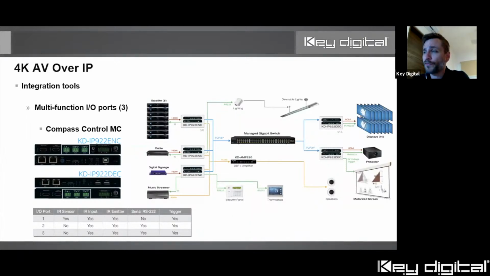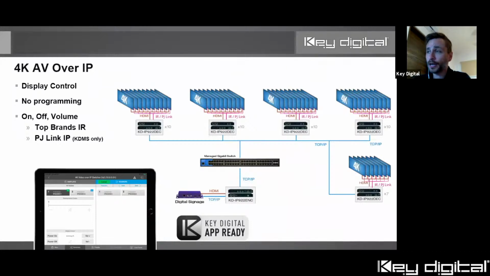That would be 75 control ports to do things like turn on and off the displays, control the volume through the audio system, control the channels on the cable and SAT boxes, send voltage triggering to the projector screen, control the access control system via RS-232, the lighting control via IP, the music streaming service over IP as well. Typically with our Compass Control Pro system, it is all built in. You just need to have the licensing for the iPad.